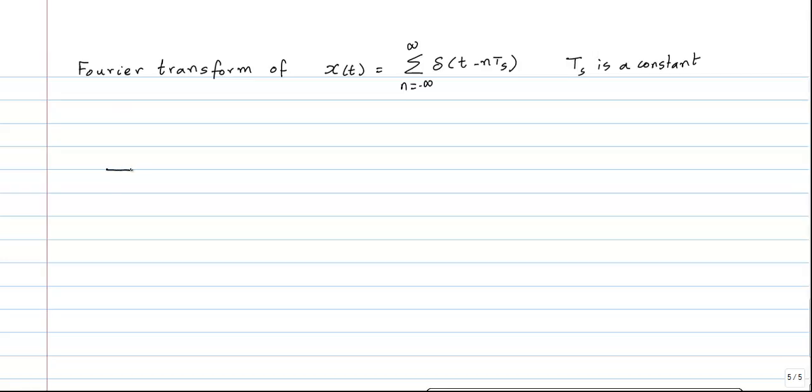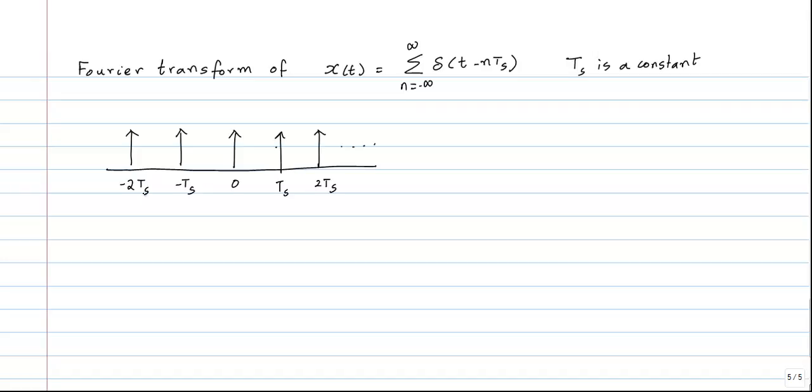Now, if we were to sketch this signal, the signal is a train of impulses. So basically we have, you can see that the signal is periodic, right?